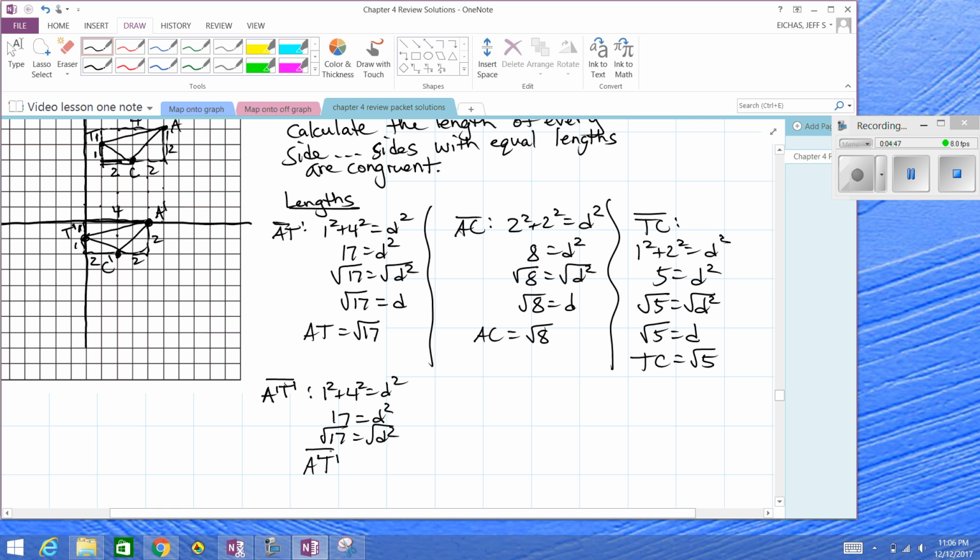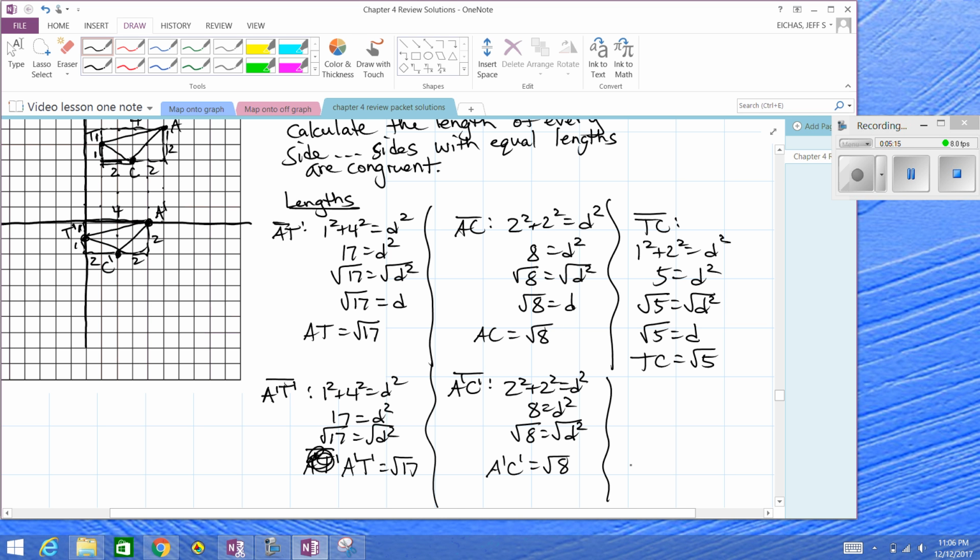So A prime, T prime, whoops. A prime, T prime is square root of 17. Well, that's nice. They're the same. Surprise. A prime, C prime. Do the process. It's 2 squared plus 2 squared. All right, A prime C prime equals square root of 8.